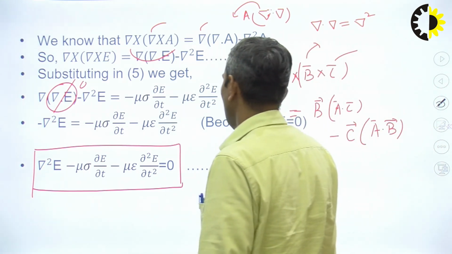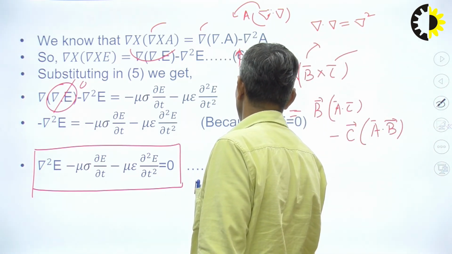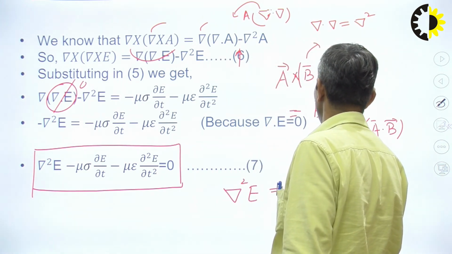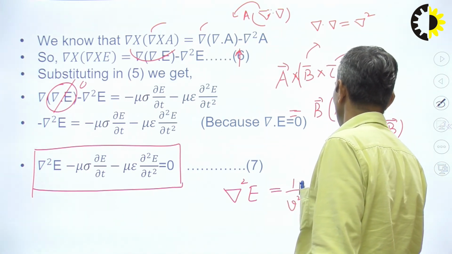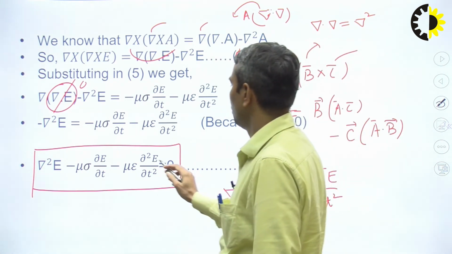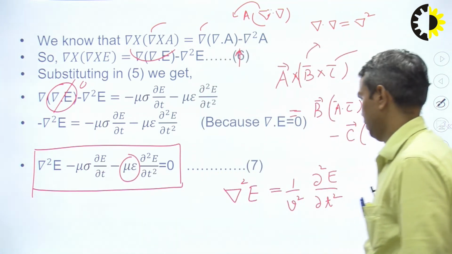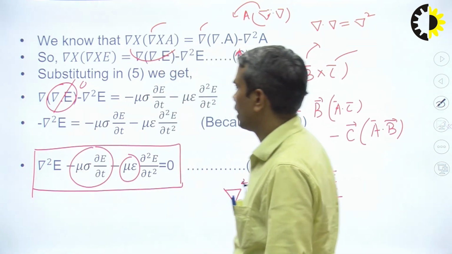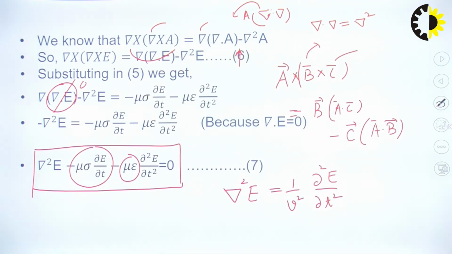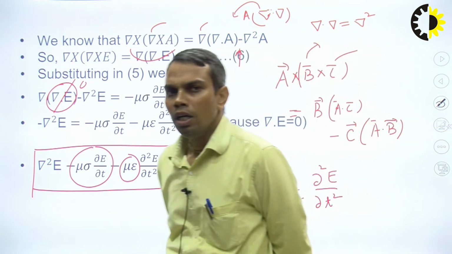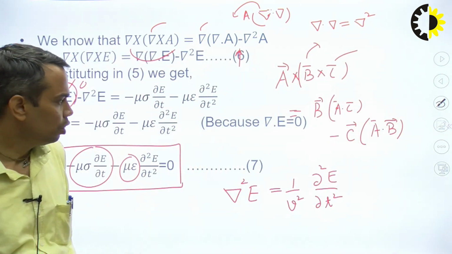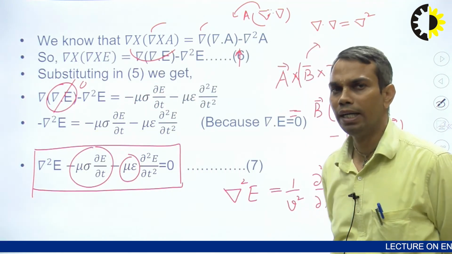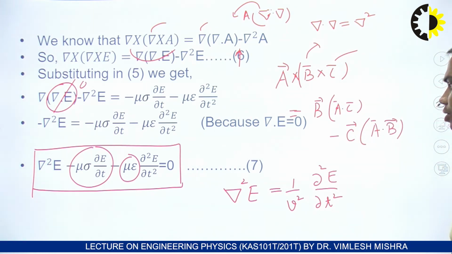So if we match this with general wave equation, from this term we can get the velocity, and this term gives the idea of loss, because in metals electromagnetic waves are absorbed by atoms, so very great loss occurs when we propagate electromagnetic waves through metals.